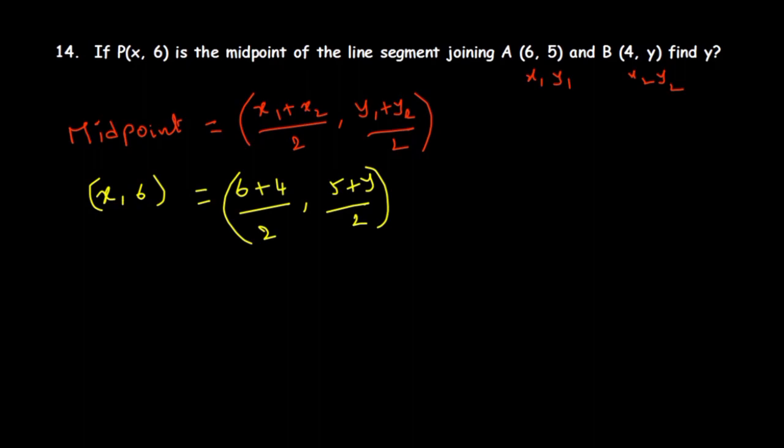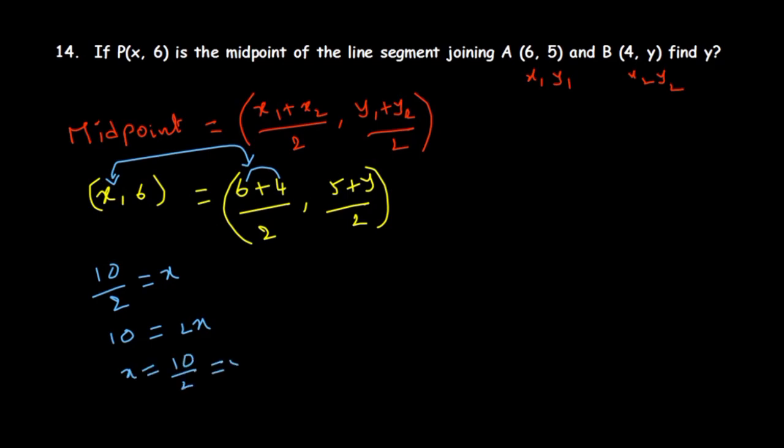Okay, and here make these two equal. So here 6 plus 4 is 10, then 10 by 2 equal to x, then 10 equal to 2x. So x is equal to 10 by 2, which is equal to 5.